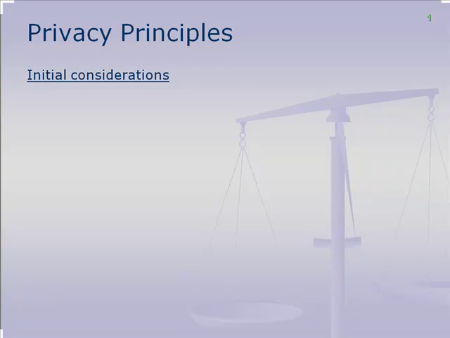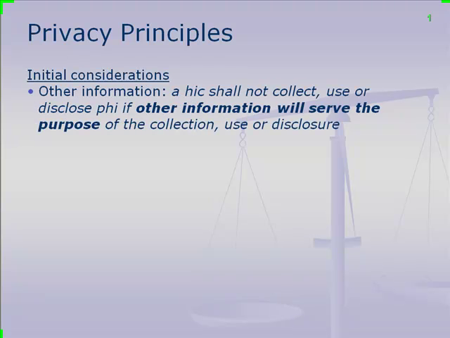And Deborah has spoken of these as initial considerations, and I think it's really worthwhile to review them again. And that's the concept of other information: that a HIC shall not collect, use, or disclose PHI if other information will serve the purpose of the collection, use, or disclosure.